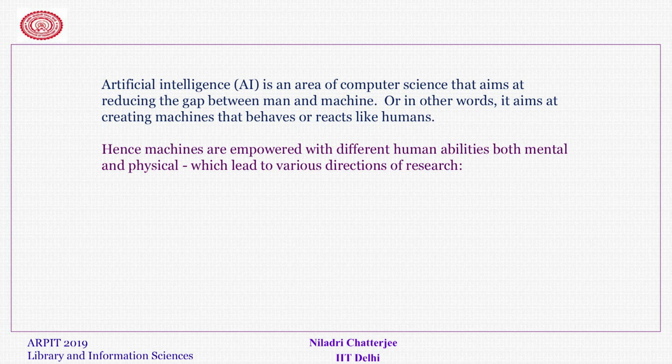Hence, machines have to be empowered with different human abilities, both mental and physical, so that knowledge has to be imparted, and that is precisely the goal of artificial intelligence, and it led to various directions of research.